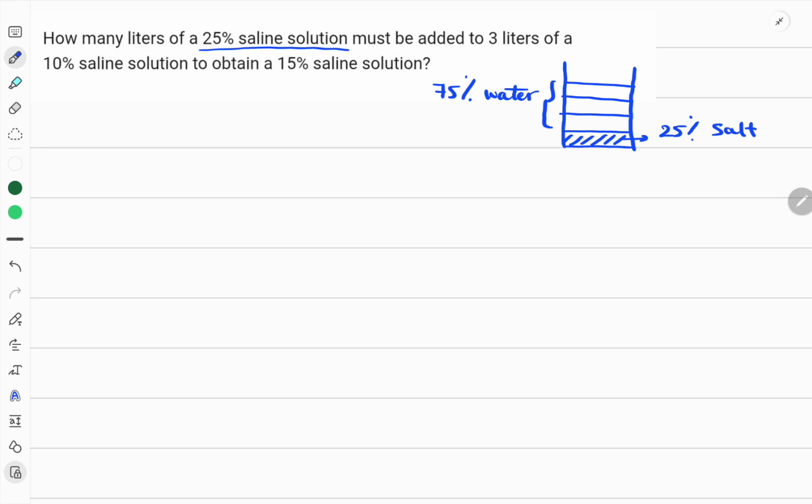Okay, and we are going to find the amount of 25% saline solution to be added. So you can consider this as X because it is variable.